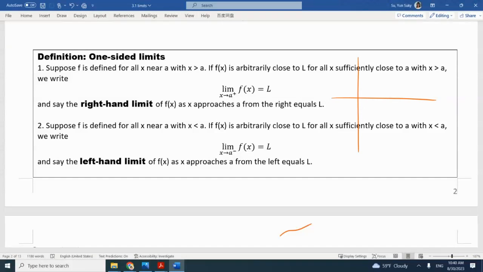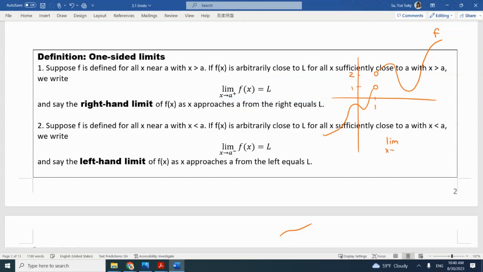Okay, let's see. Let's say we have something like this, and something like that. So this is f. And here, a plus means we're getting close to a from the right. Right, everybody? So let's look at the picture.